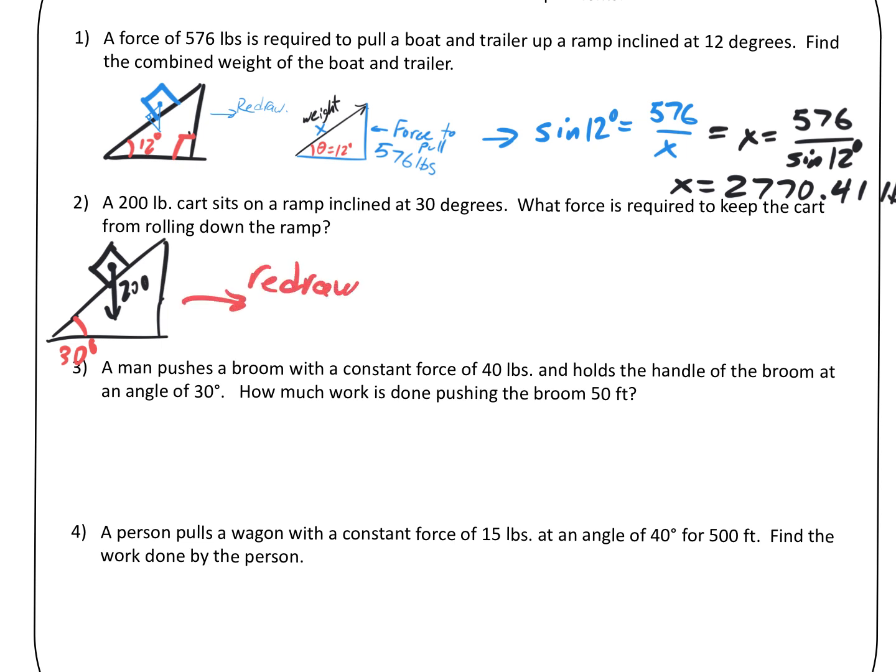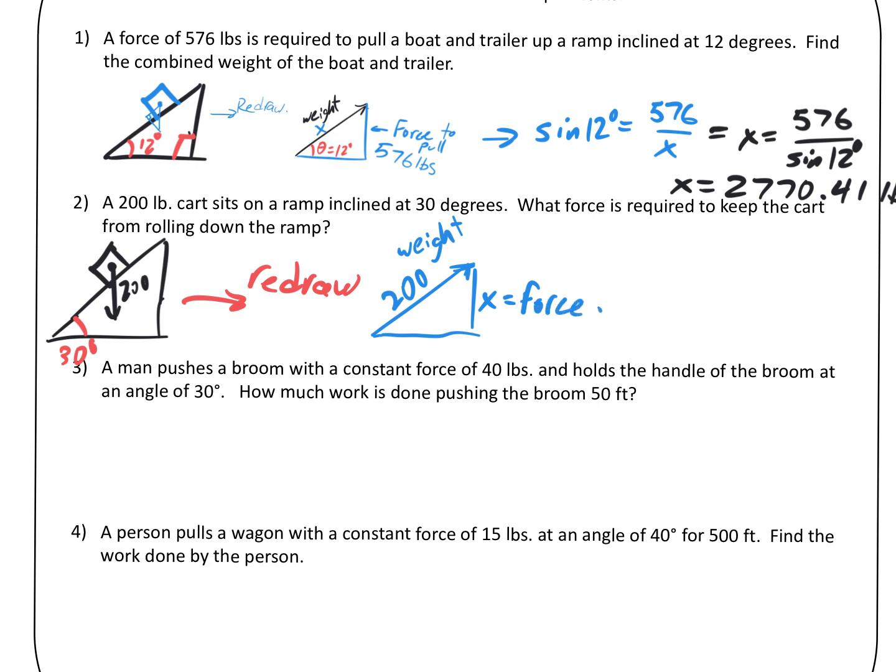Remember, these diagrams for ramps are not accurate to what you want to do with your vector. The hypotenuse, the long resultant vector, is going to be my weight. So this side right here is 200. That is my weight, and I'm going to solve for this component of my vector, which represents the push or pull.